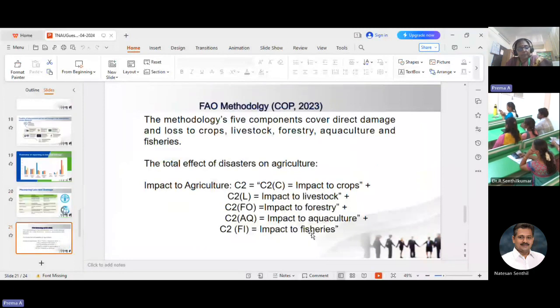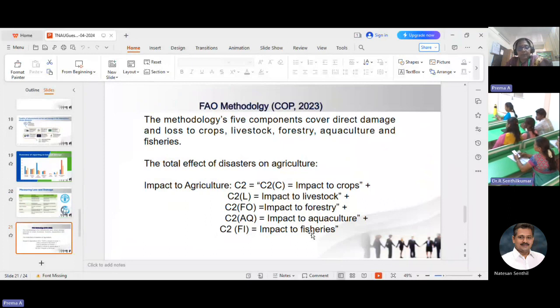And in the FAO methodology, especially for agriculture, 5 components are considered, which cover the direct damage and loss to crops, livestock, forestry, aquaculture, and fisheries. That is, agriculture includes not only crops, it includes livestock, forestry, aquaculture, and fisheries.